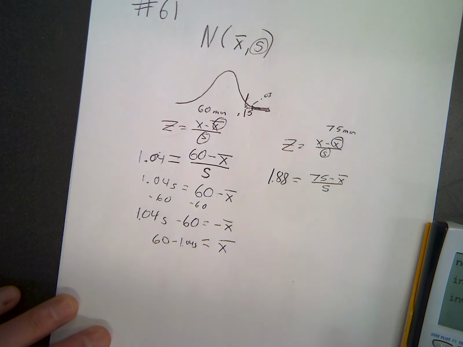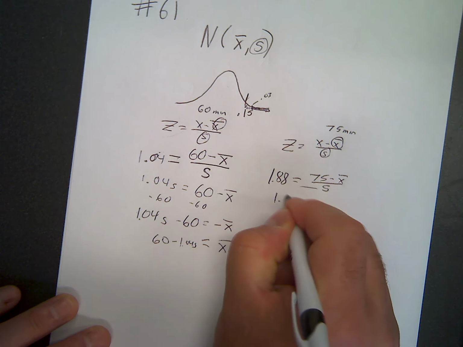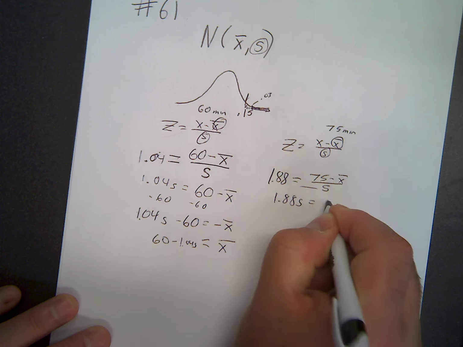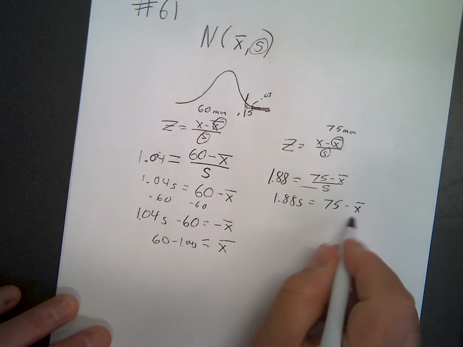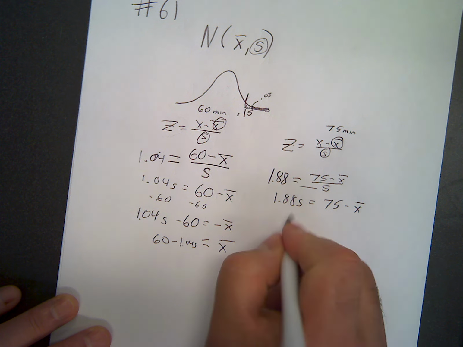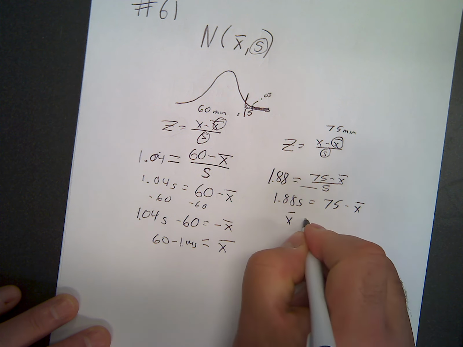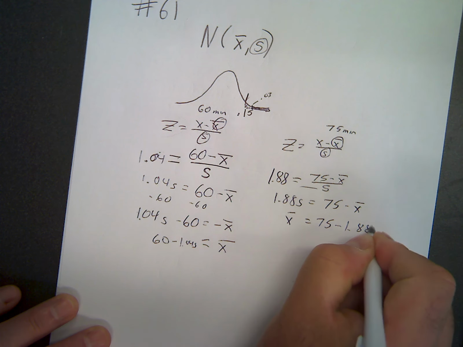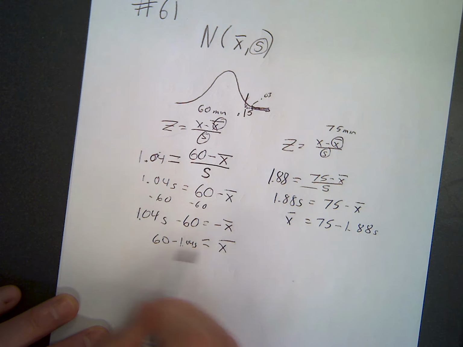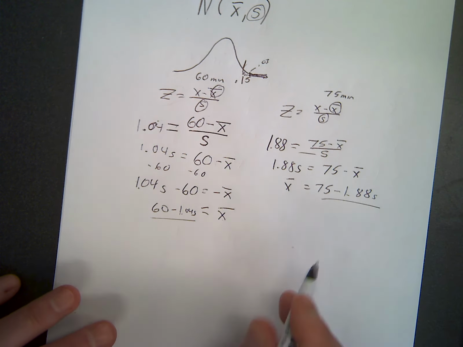Okay, then, and let's put this in a little bit nicer form, 1.88 s equals 75 minus x bar. If I add x bar to both sides and subtract 1.88 s, I get x bar equals 75 minus 1.88 s. This is equal to x bar, and this is a very hard question, by the way.